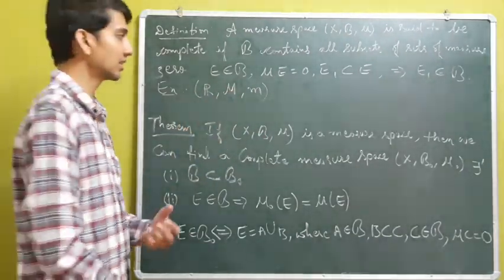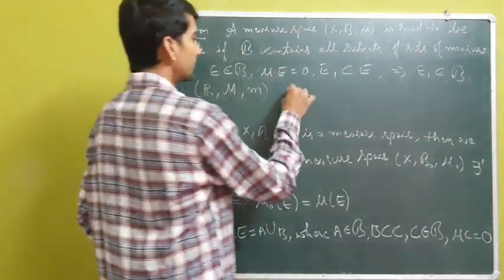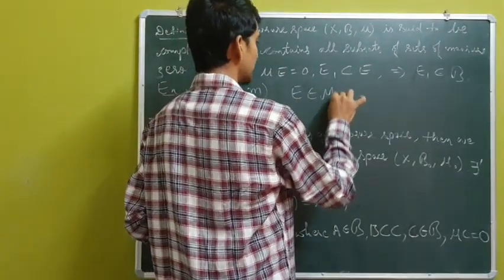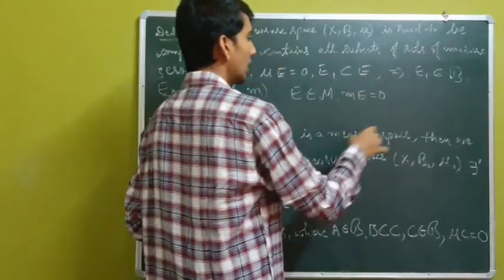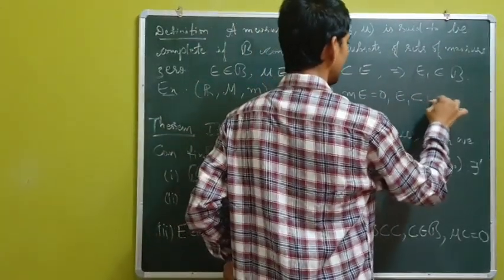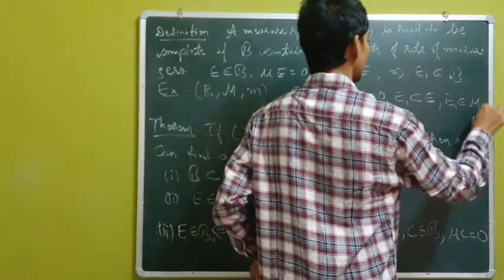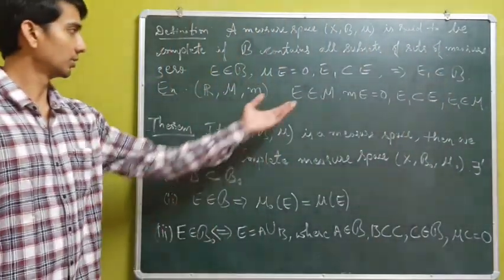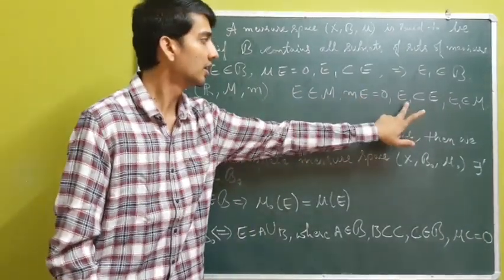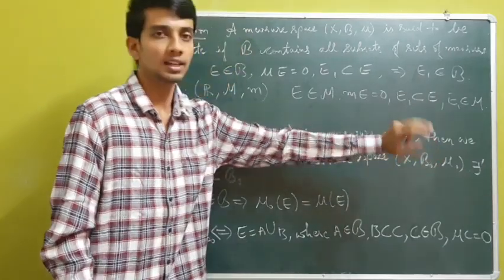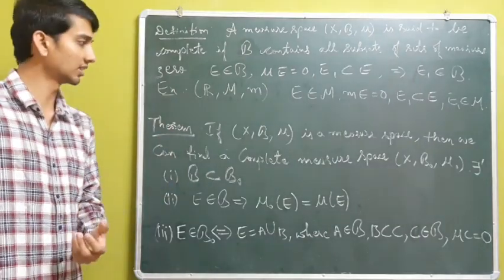Also recall the fact that in the case of the usual Lebesgue measure, if E is a measurable set with measure of E equal to 0 and if E1 is a subset of E, then E1 is measurable. So that's what we had in the previous case.